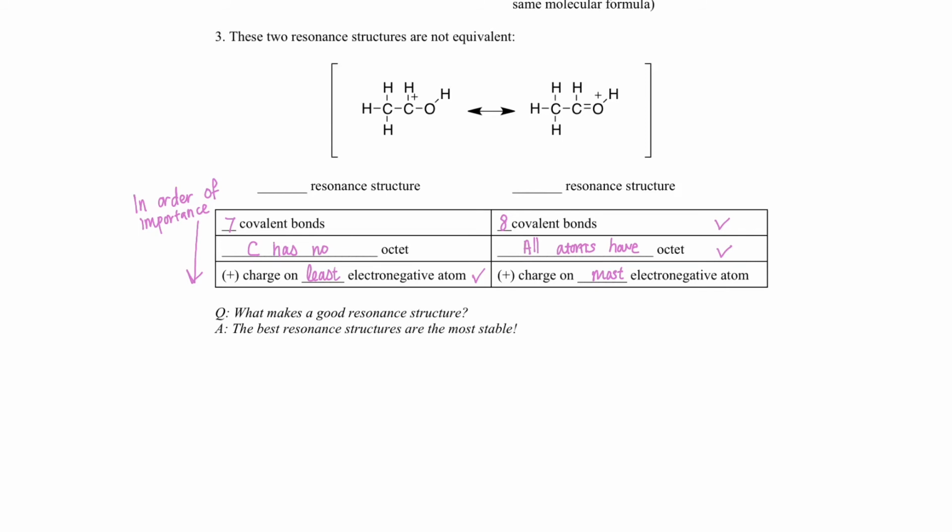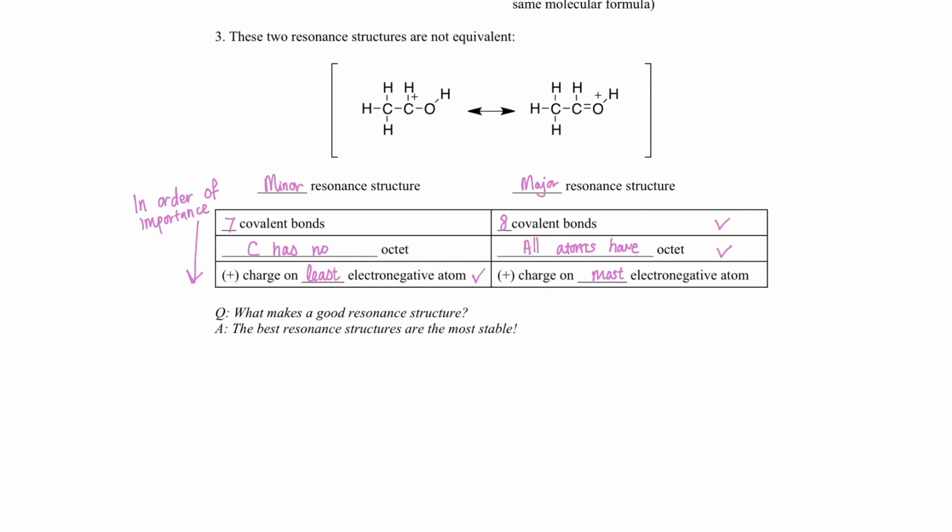So you can see that for the structure on the right, it fulfills two of the most important rules. So that's going to be your major favored resonance structure. And all that means is that your hybrid, your real structure, is going to resemble your major structure more. So this guy here is minor.